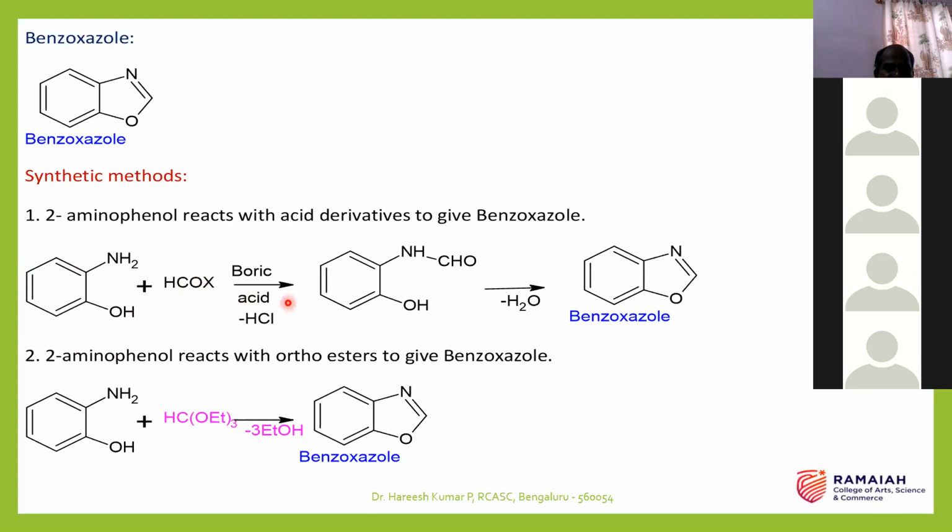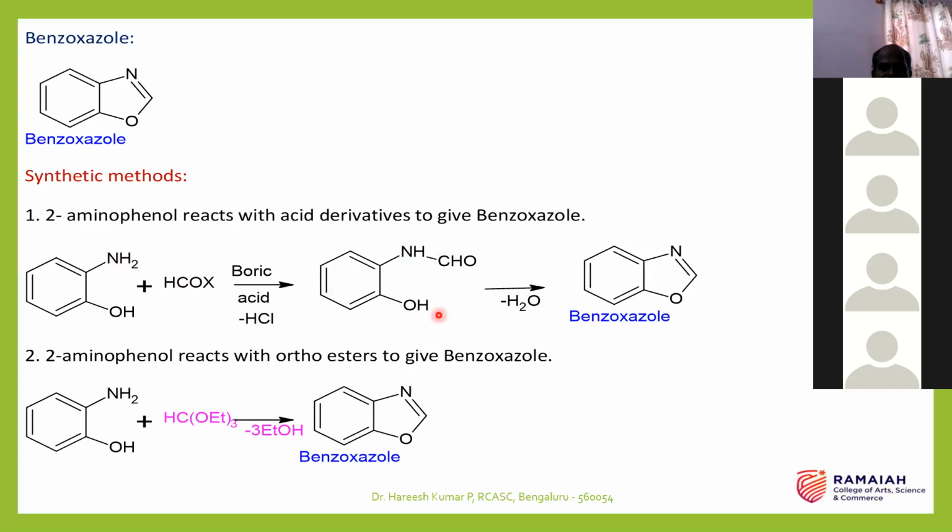This reaction requires the catalysis of boric acid. What is boric acid? H3BO3 is the boric acid. Then what will happen? There will be a new bond formation between the nitrogen and this carbon. And what is the leaving group? HCl will be the leaving group.